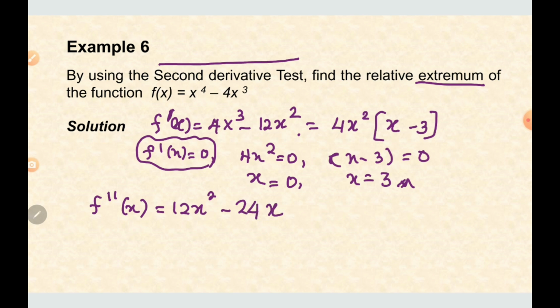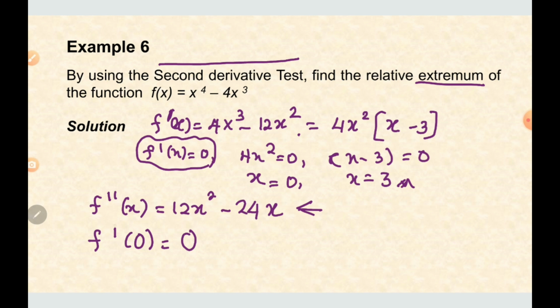Then you need to substitute the critical numbers, that is 0 and 3, into f double prime. Now I will substitute 0, and the answer is 0 minus 0, the answer is 0.